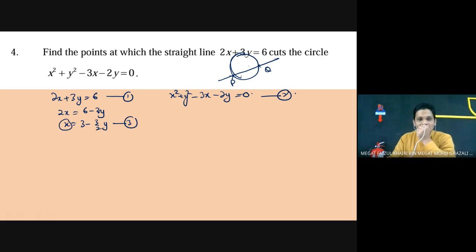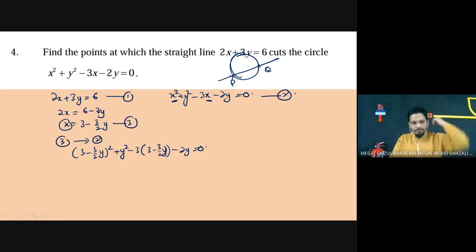So now we got x here and x here, and we can substitute with 3 minus 3 over 2y. So then equation 3 must substitute into equation 2. (3 minus 3 over 2y) squared plus y squared minus 3(3 minus 3 over 2y) minus 2y equal to 0.